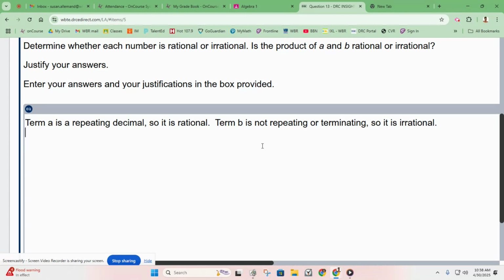So think about if I were to multiply 5 times the square root of 2, it would just be 5 square root of 2, which would still be irrational. So by definition, a rational number times an irrational number is always irrational. It's always going to work that way.